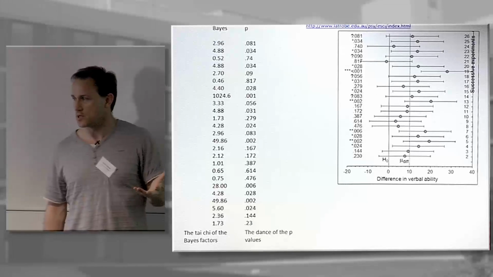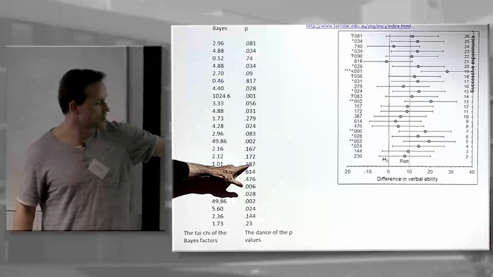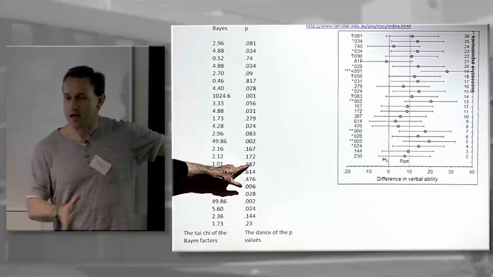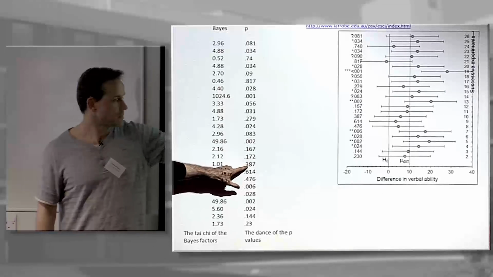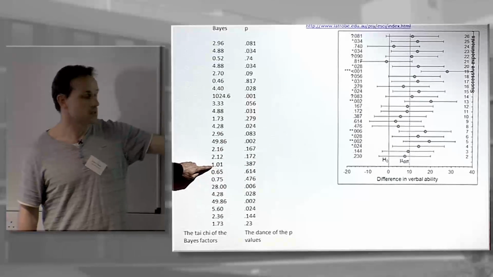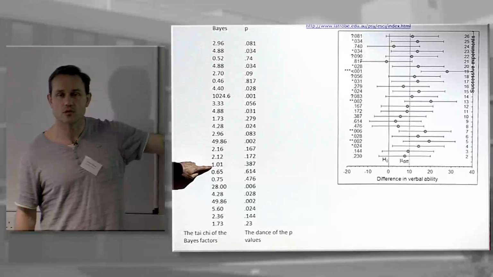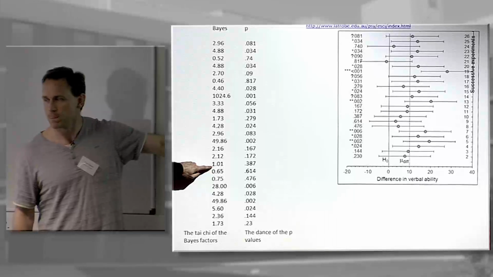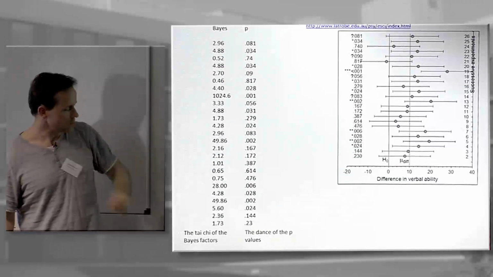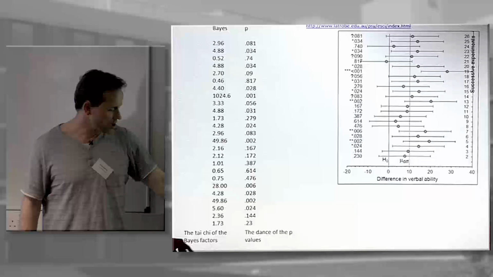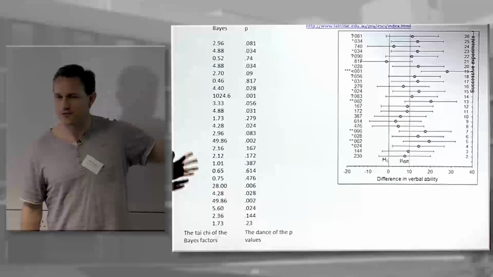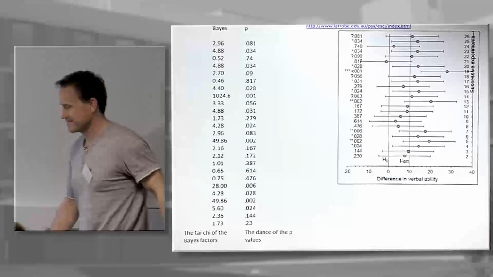Because how people normally use p-values is to say it's non-significant, therefore there's no difference. But in this case, the data were utterly non-discriminating and shouldn't have moved your confidence one iota one way or the other. So I call that the Tai Chi of the Bayes factors to illustrate it's far more graceful than p-values.